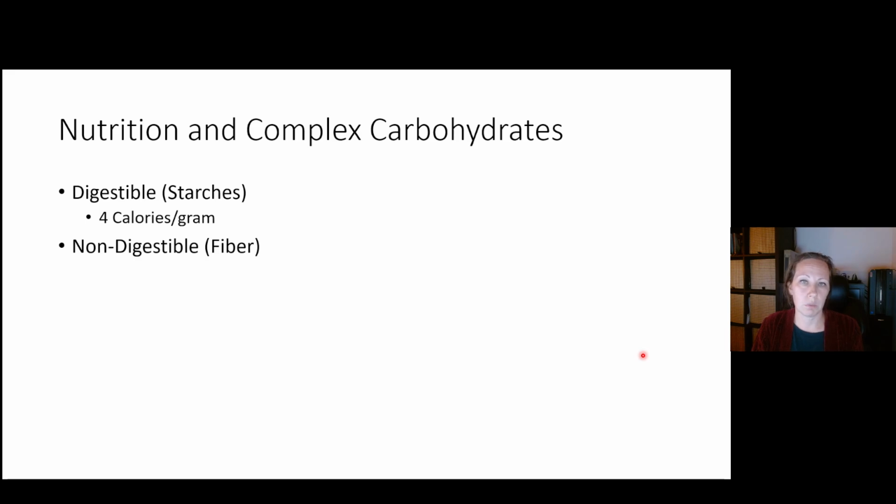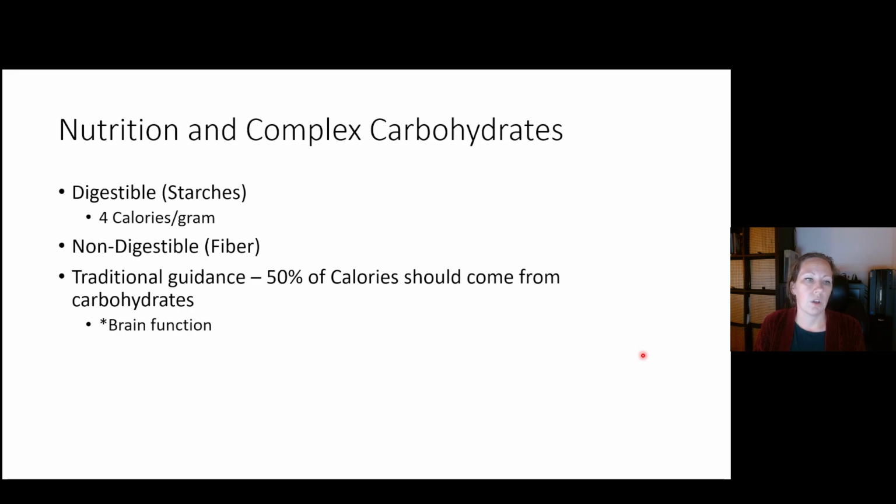Then the non-digestible complex carbohydrates are fiber. Even though you could put it into a furnace and get 4 calories per gram out of it, our bodies are not going to get that energy because our bodies can't digest it. And so they're considered to have no calories.